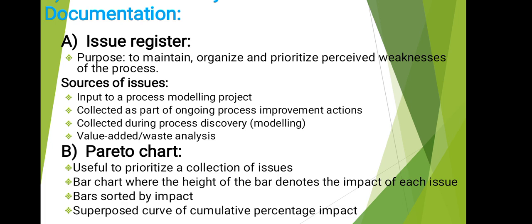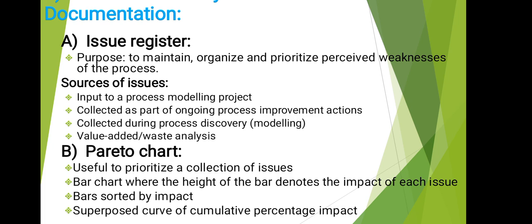Now we have the Pareto chart, which is Pareto analysis. Basically, Pareto chart is a statistical method that is used for decision making by using the Pareto principle or the law of vital few. It indicates that 80% of the problems occur as a result of 20% of the causes. So this is just a statistical law. This Pareto chart helps us identify problematic areas or tasks that will have the biggest payoff.